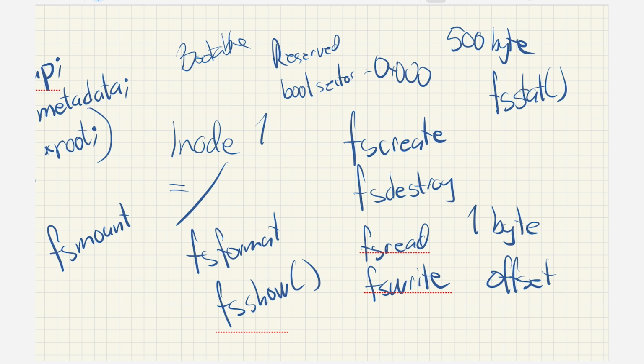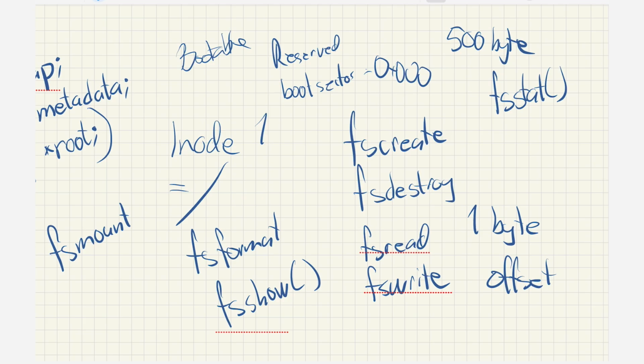And I think I'm gonna do it so when we mount the disk, it will scan through every block on the disk, and it will create the bitmap. I think I'm gonna do it like that.